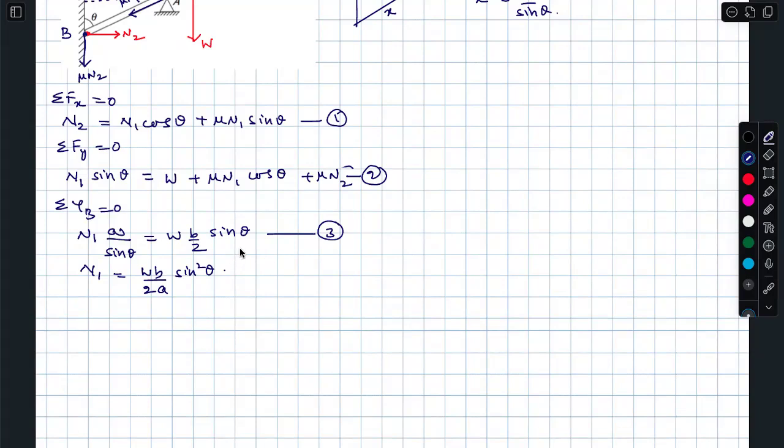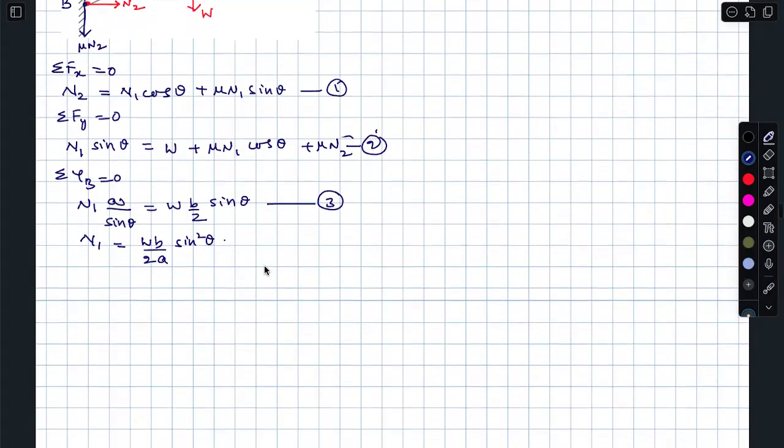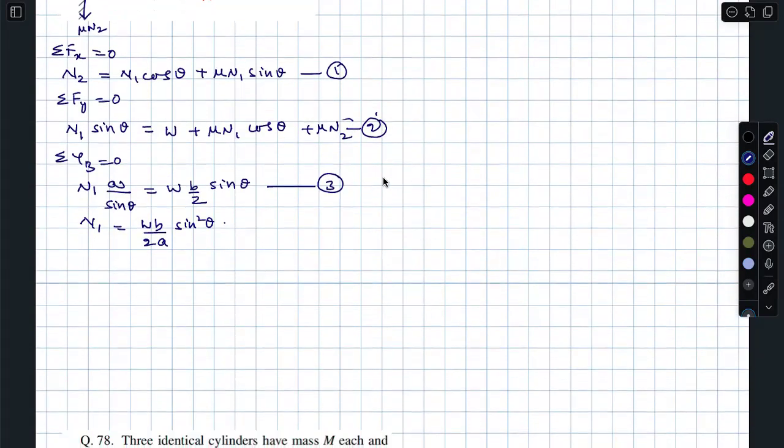How to eliminate N2? You can get N2 from equation 2. Trust me, I have done this. N1 we know. N2 from equation 2.